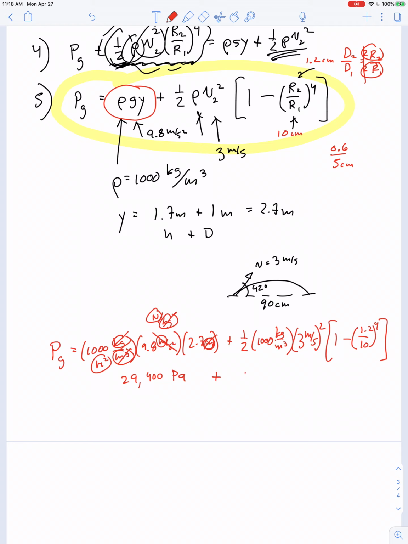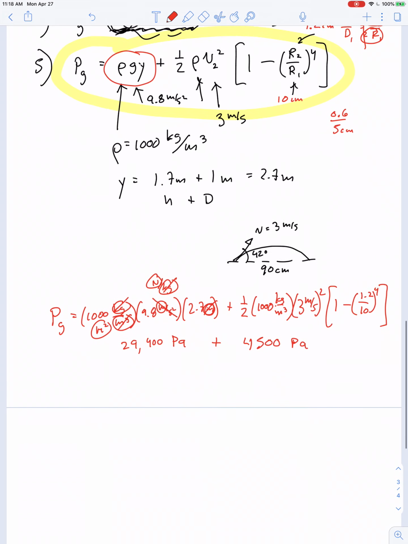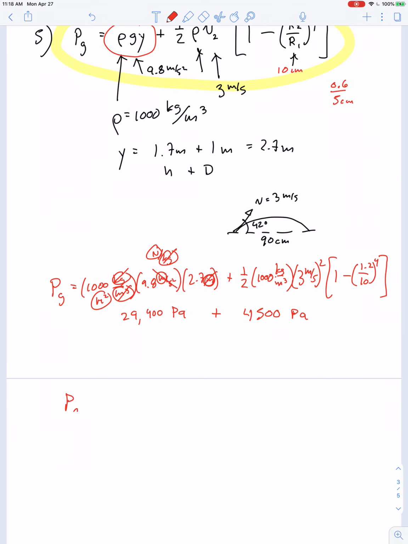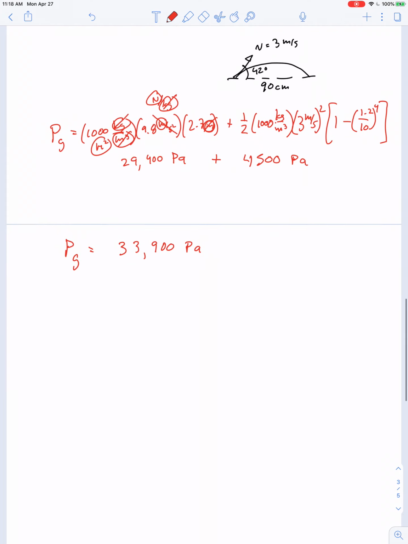So the second term should give you about 4,500 pascals. So in the end, the gauge pressure is equal to about 33,900 pascals. Hard to relate to, right?